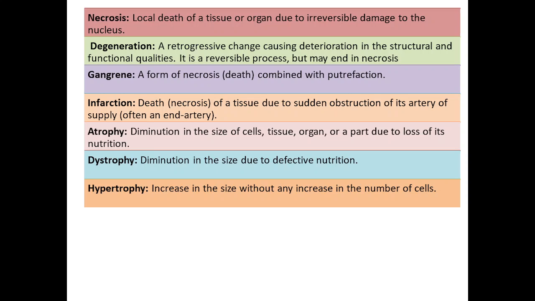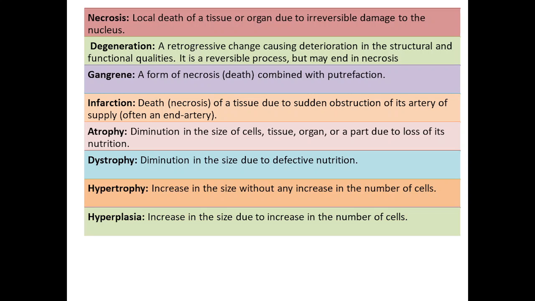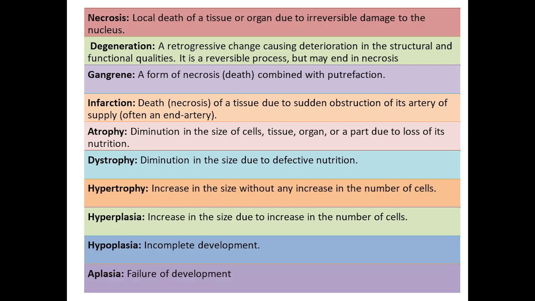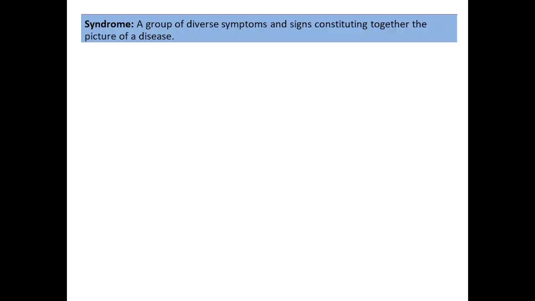Then hypertrophy is increase in size without an increase in the number of cells. And hyperplasia is increase in size due to increase in the number of cells. Then hypoplasia is incomplete development. Aplasia is failure of development.